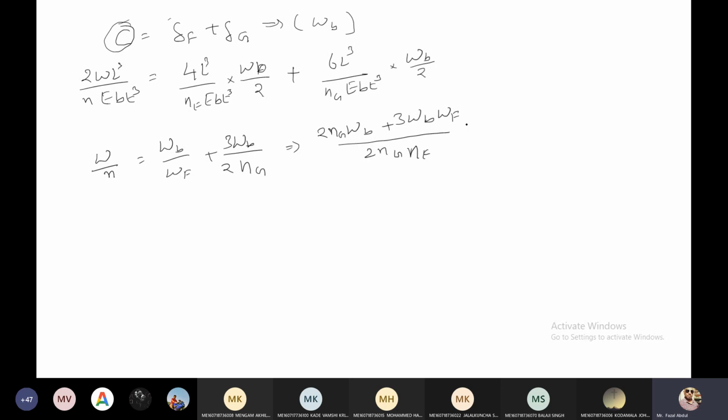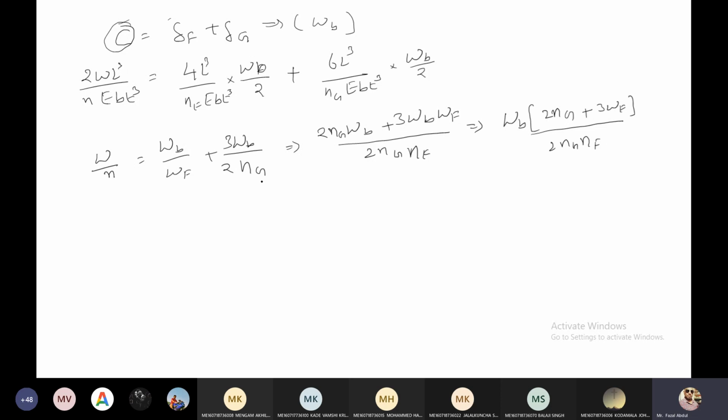So with this, WB by 2 NG plus, what we are getting, WB make it common, 2 NG plus 3 WF by 2 NG NF.